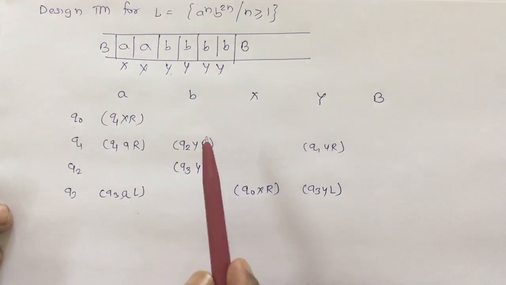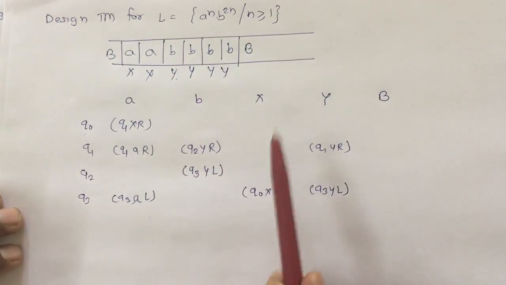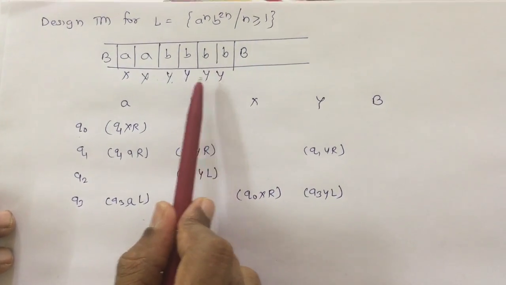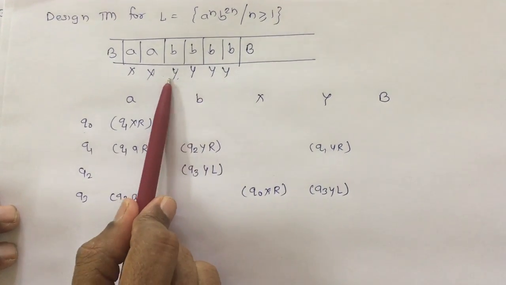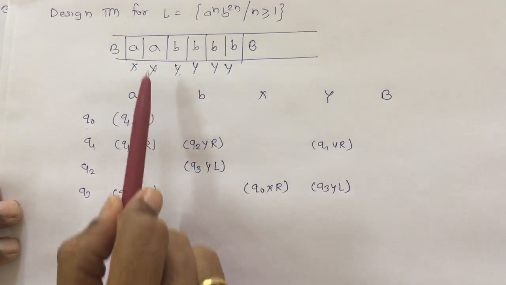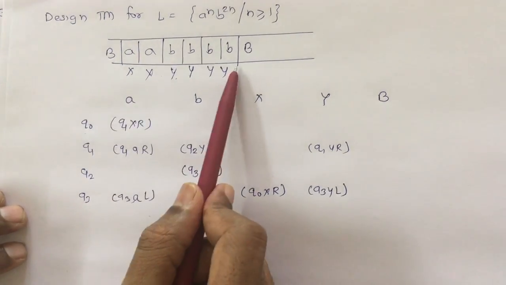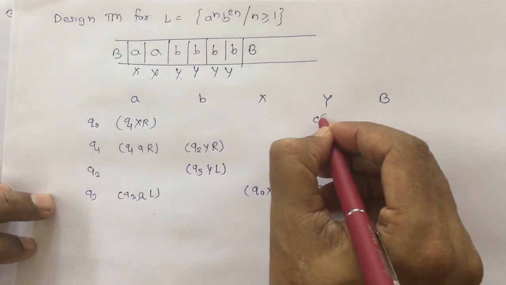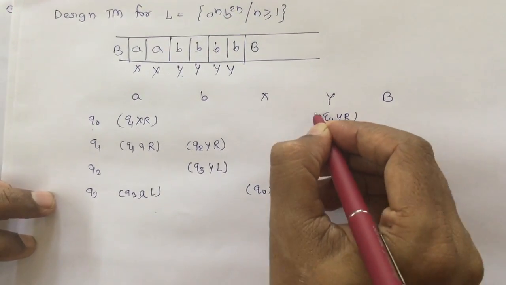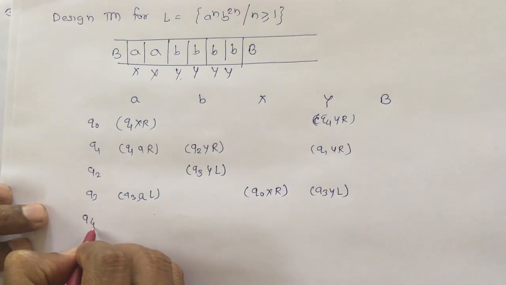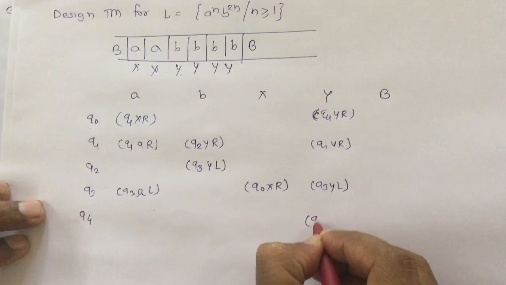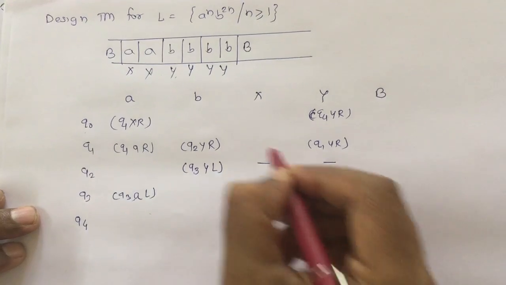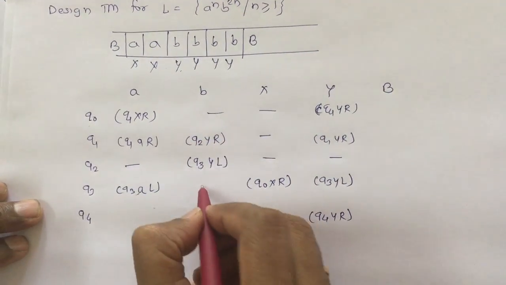So Q1 Y R, Q1 Y R, Q1 B, Q2 Y R, Q2 B, Q3 Y L. Now as the whole string is mapped, we have to see whether we are reaching the final scenario. Q3 Y L repeats while coming back, and Q3 X would be Q0 X R. Now we know that all A's are over, so we should not get B. So Q0 X, Q0 Y, we write Q4 Y R, and with Q4 all Y's are skipped. The other entries would be left blank.